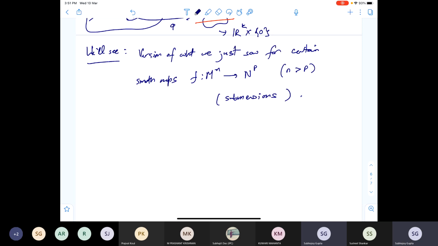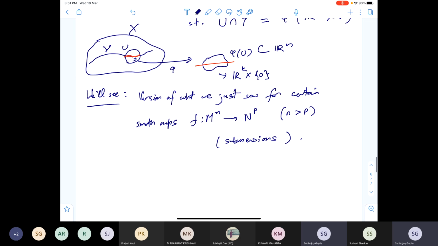So one of the difficulties is that we first need to understand what it means for a derivative of a map between two manifolds. This is something that one of you had already pointed out. For Euclidean spaces, we know what the derivative means: there's this linear map. But when you have a smooth map from one smooth manifold to another, you want a notion of a derivative that doesn't depend on the charts.